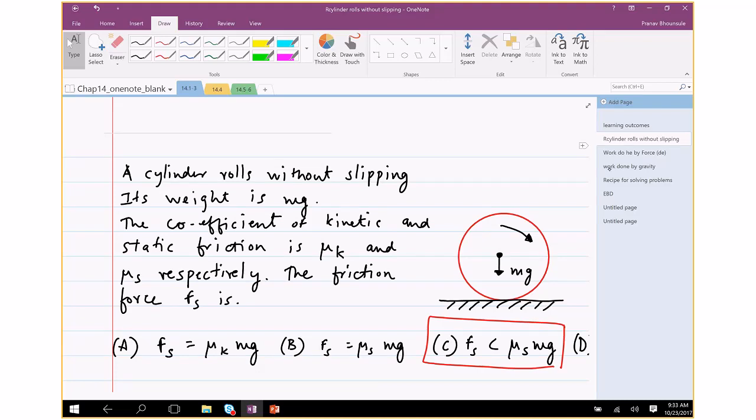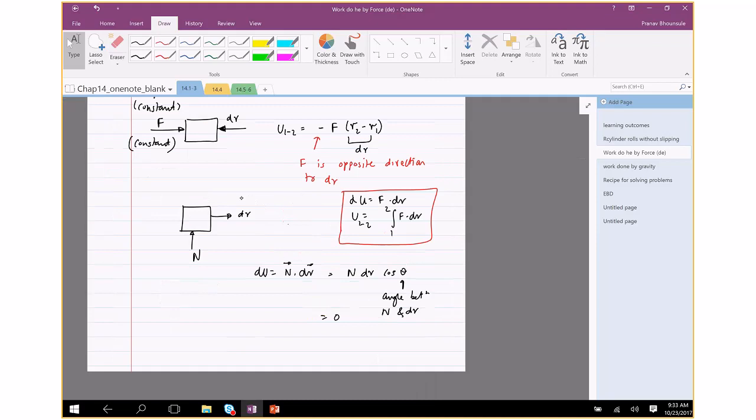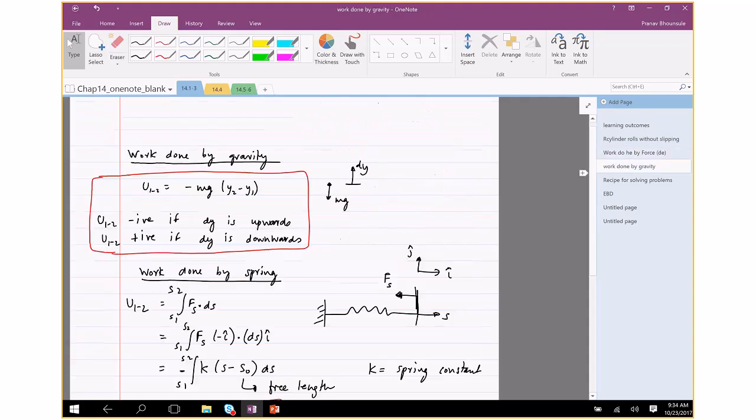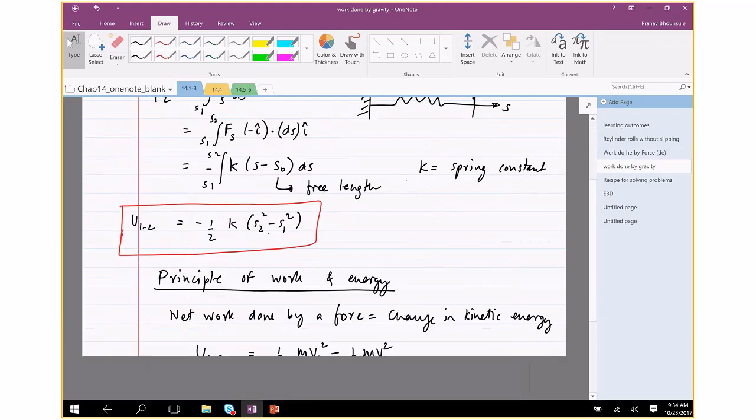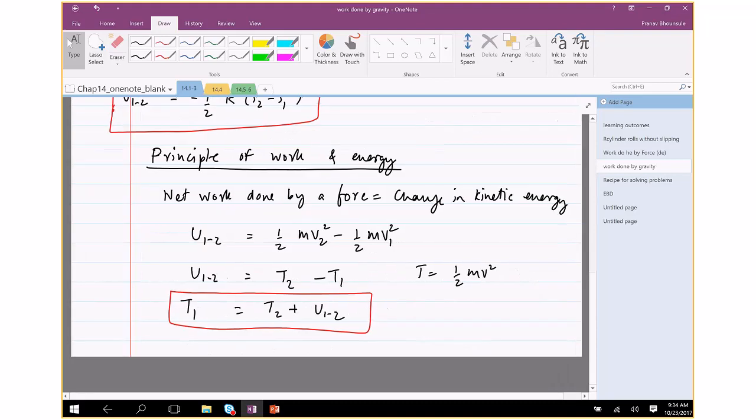So what I did was right here, you got to go back. I got this wrong. It's T1. This is T2 equals T1 plus U12, right?